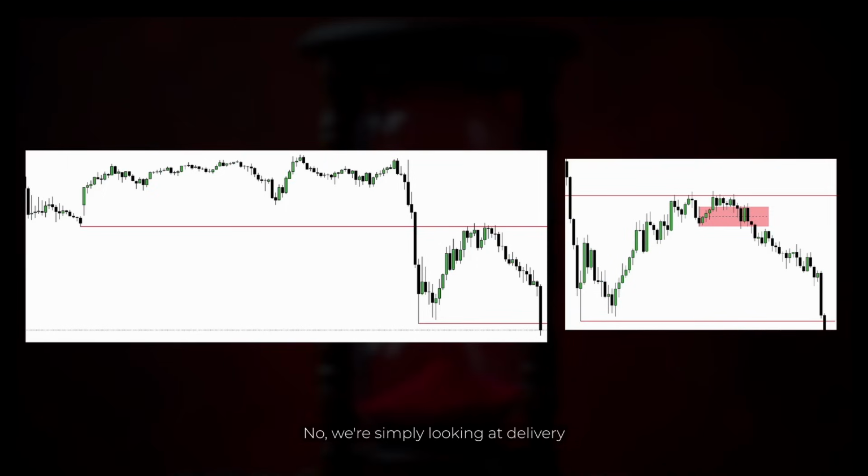No, we're simply looking at delivery functions, where you have two functions of delivery, either sell side or buy side. And what you see is that the market delivers sell side, buy side, and eventually it offers sell side through this low right here with this CB. And therefore what you can anticipate is that the market has to offer buy side into that again. Why? Because we saw twice sell side delivery and we saw once buy side delivery. Let me repeat that. Sell side, buy side, sell side.